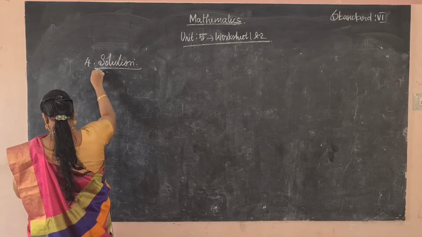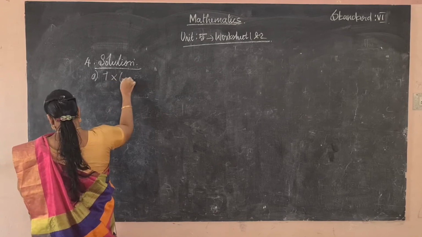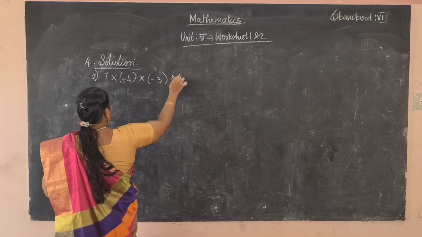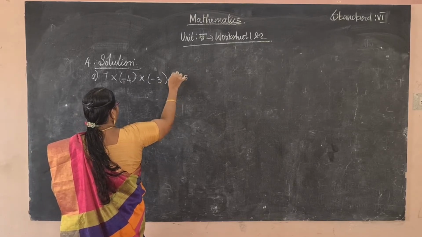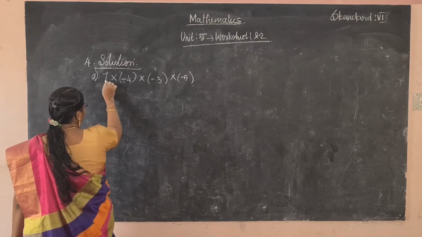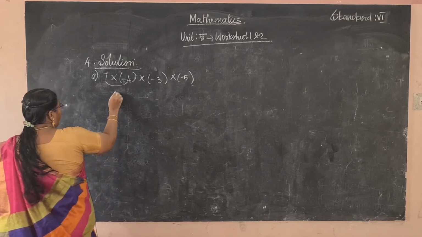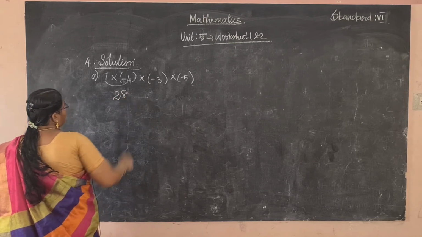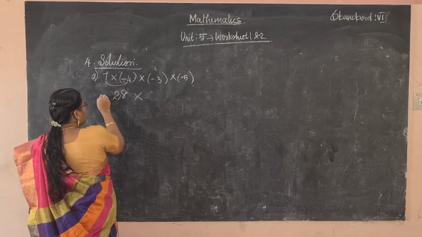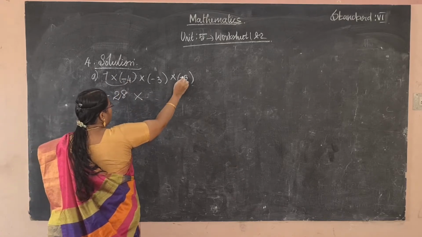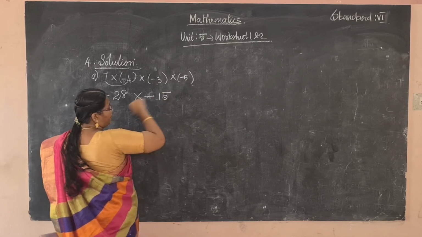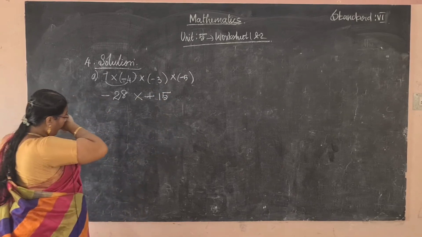Now apply the rule. Multiplication is given: 7 into minus 4 into minus 3 into minus 5. First multiply 7 fours are 28, into plus into minus is minus. Here minus into minus is plus, 3 fives are 15.